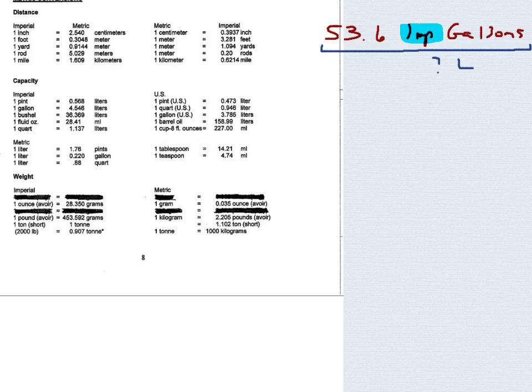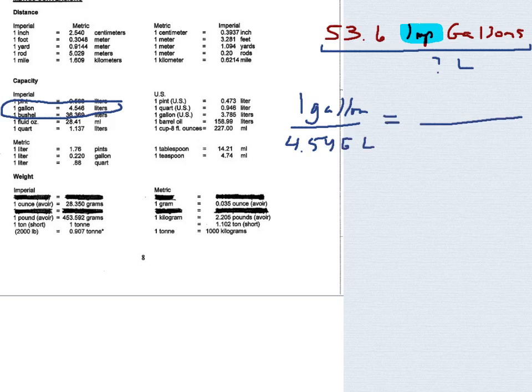So imperial, we have 1 gallon is the equivalent to, let's write it as a fraction, 1 gallon. On the bottom we can put the equivalent, 4.546 liters. It's kind of hard to read. The other half of our fraction, we want to know how many liters, x, is on the bottom, is the equivalent to 53.6 imperial gallons.